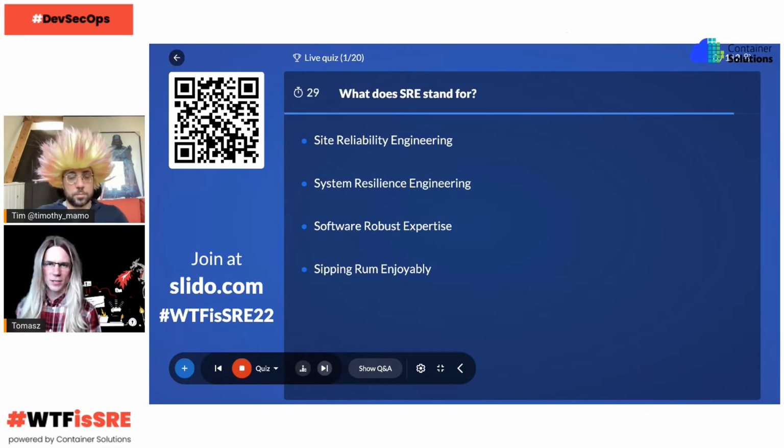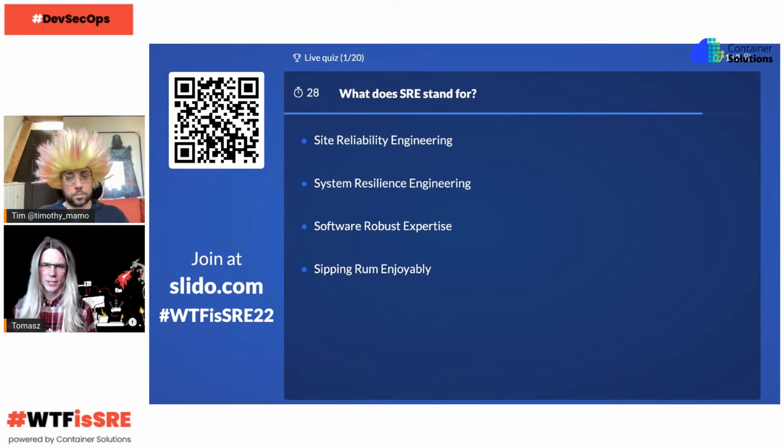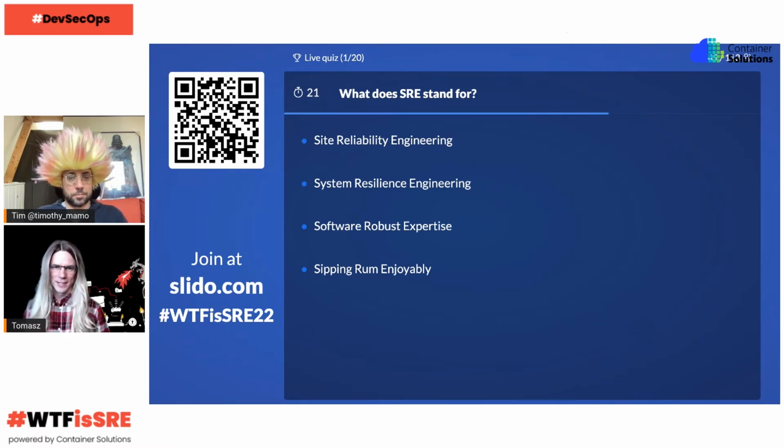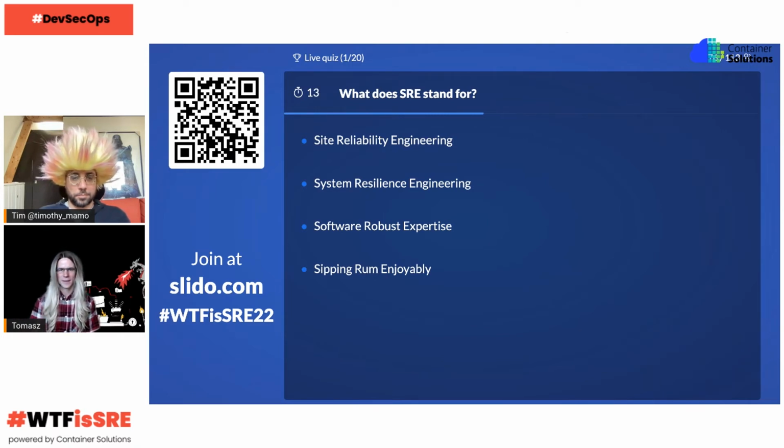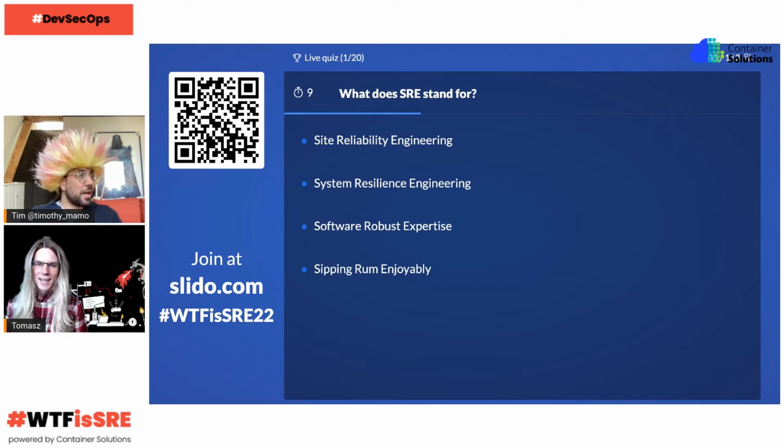There will be 30 seconds for each question. The first question is, what does SRE stand for? We've got 4 options: site reliability engineering, or system resilience engineering, or software robust expertise, or the 4th option, sipping rum enjoyably.